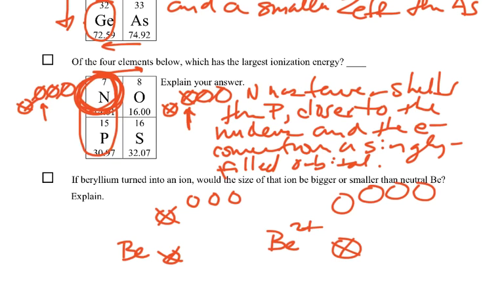Definitely it's going to be smaller, much smaller, because not only have we removed an electron so we have less electron-electron repulsion, but we removed the whole outer shell. So now the electrons that we have left are in the 1s orbital. The 1s orbital is going to be much smaller than the 2s orbital, so definitely Be2+ is going to be the smaller ion. The Be2+ ion would be much smaller than neutral beryllium. Anyway, that's the quick check.